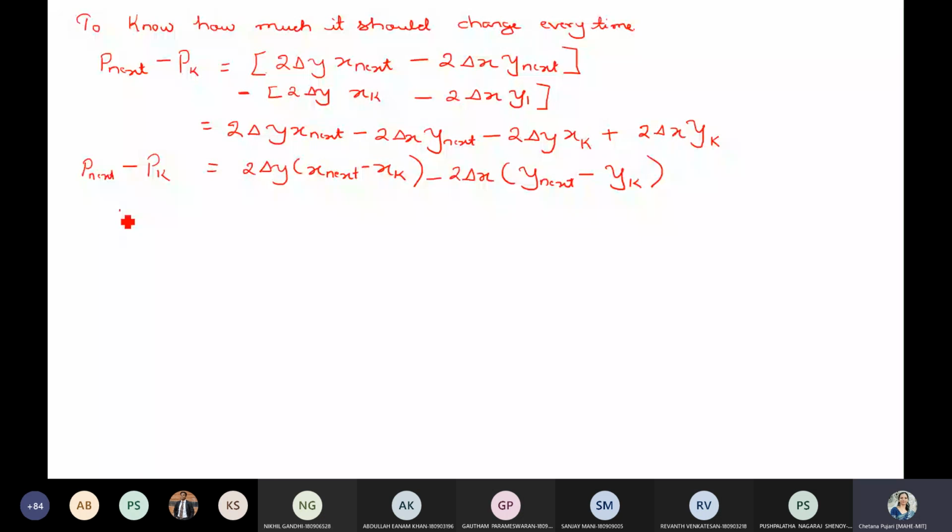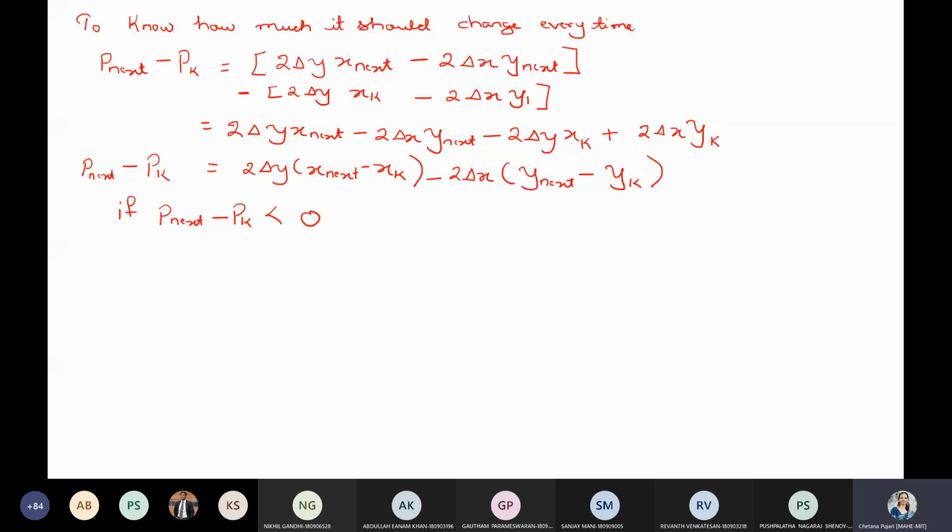Next, let's check if p next minus pk is less than 0. If the difference is less than 0, are you going with yk plus 1 or yk? What will be our y next if the difference is less than 0? What is pk? It is a difference, d1 minus d2. We did this, right? I hope you remember what d1 and d2 are. So just keep this diagram in your mind.